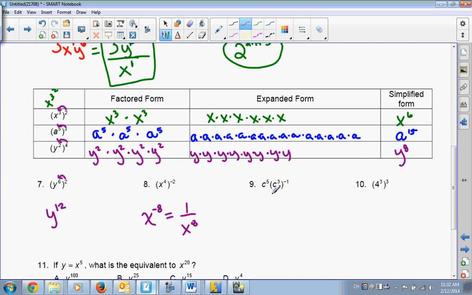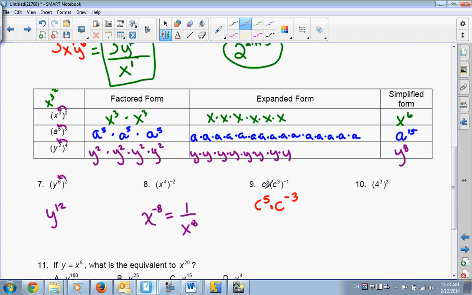Okay, number 9. This is kind of a PEMDAS-y situation. What do you think we're going to do first? You're going to distribute the exponents here. You're going to multiply first because we have the parenthesis going on. So we have c to the 5th times c to the 3 times negative 1 power. Good.